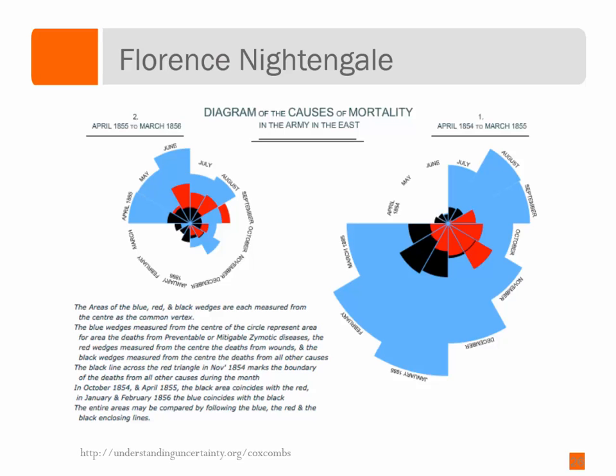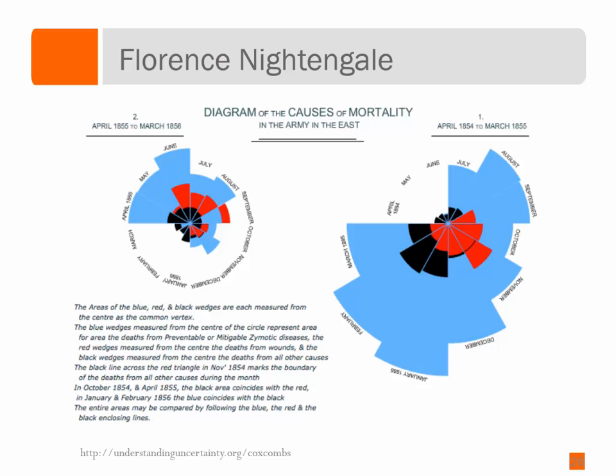Now, another historical example of data visualization comes from Florence Nightingale. These are famously known as the coxcomb diagrams. Basically, they work sort of like pie charts that work in a radial or a radius. So we'll see different measures.